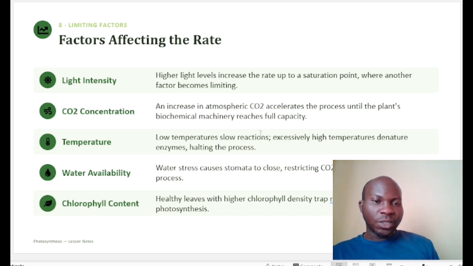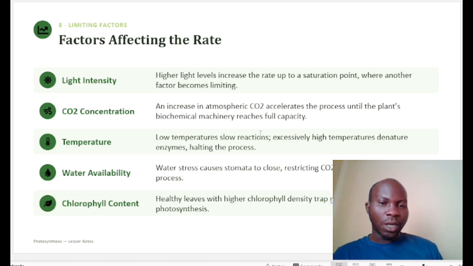When it increases to a maximum, it can increase the rate of photosynthesis, but when it becomes saturated or excessive, it will not increase the rate, instead it will reduce it. Number 3 is temperature. At low temperature the reaction is slow, and at excessively high temperature the enzymes are denatured, meaning that we need a moderate temperature. When it is too high or too low, the rate of reaction becomes slow.